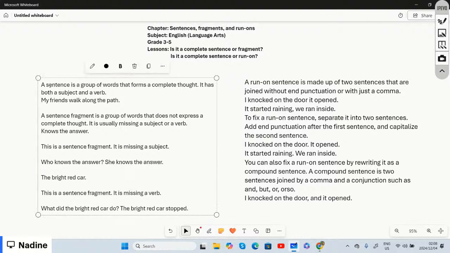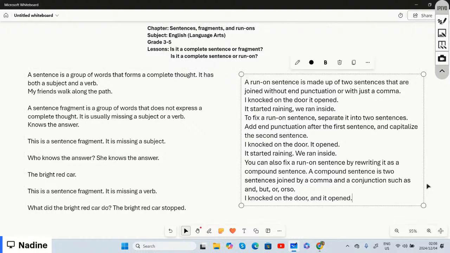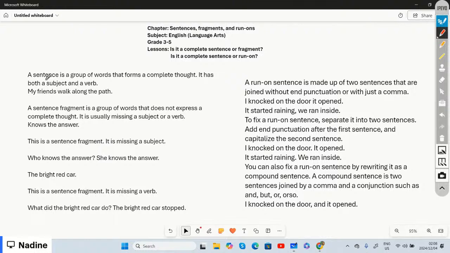All right. So when it comes to sentences, fragments, and run-ons, starting with a sentence. A sentence, or complete sentence, is a group of words that forms a complete thought.